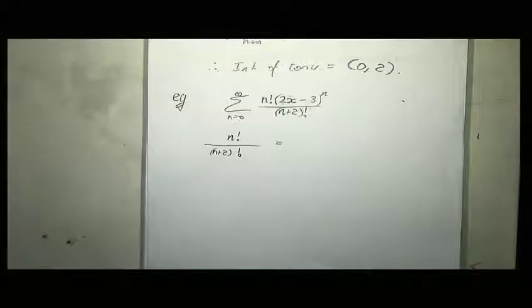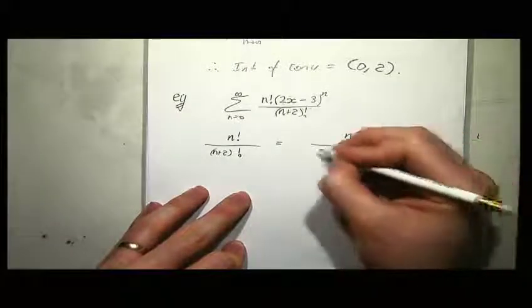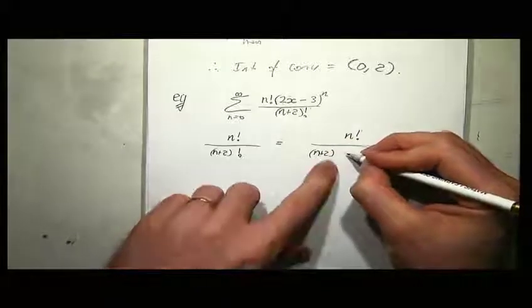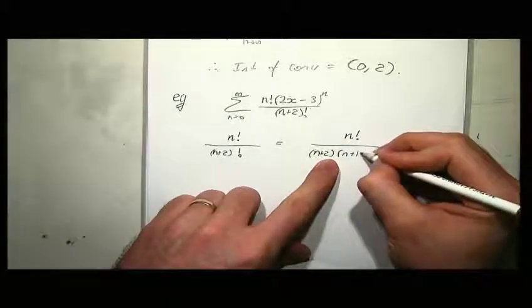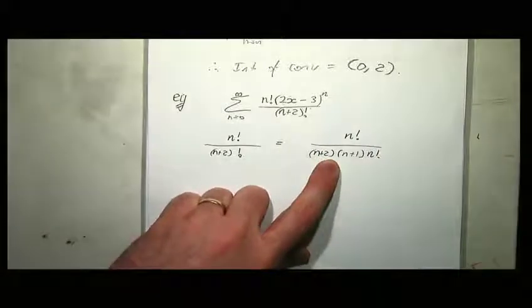Right, n factorial is 1 times 2 times 3 times 4 times 5 times and so on up to n. And n plus 2 factorial is 1 times 2 times 3 and so on, times n plus 1 times n plus 2. So there's this cool trick you can do which makes them come down to lower numbers. N plus 2 factorial is n plus 2 times n plus 1 times all the same stuff from n factorial.